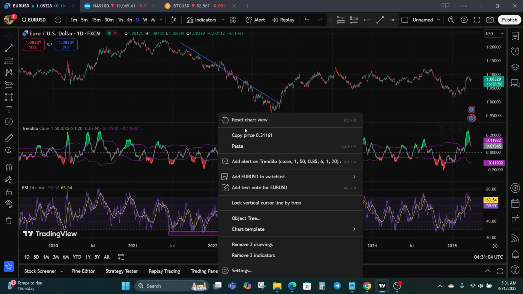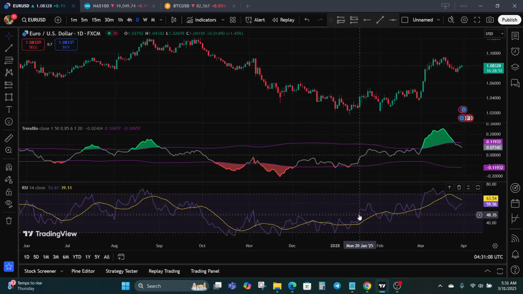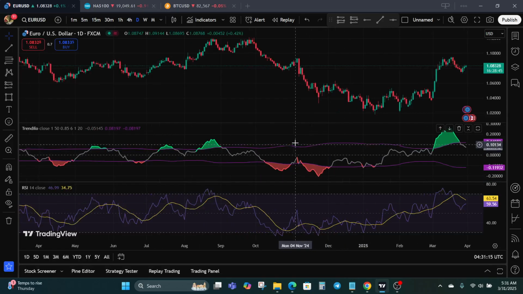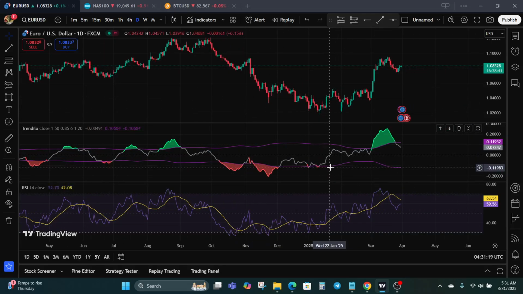So this is where the Trendilo indicator comes in. Unlike the traditional RSI, Trendilo adjusts dynamically based on market conditions, filtering out false breakouts and improving momentum accuracy.